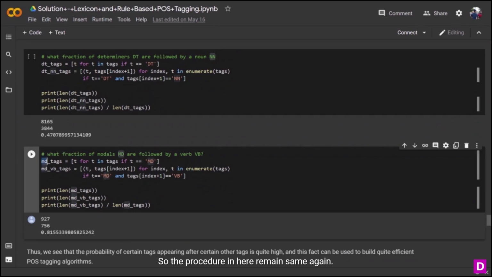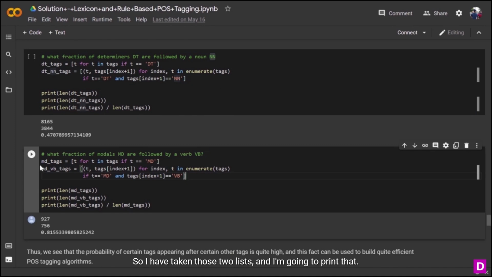The procedure here remains the same again. I am taking the list of tags which are tagged with MD, that is modal. Then I am going to create another list which refers to the encountering of a verb preceded by a modal verb, an auxiliary verb.